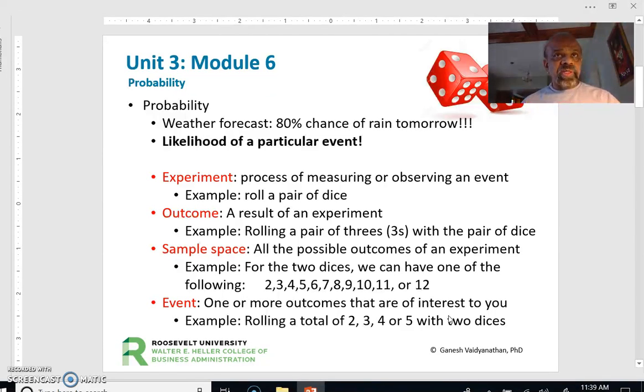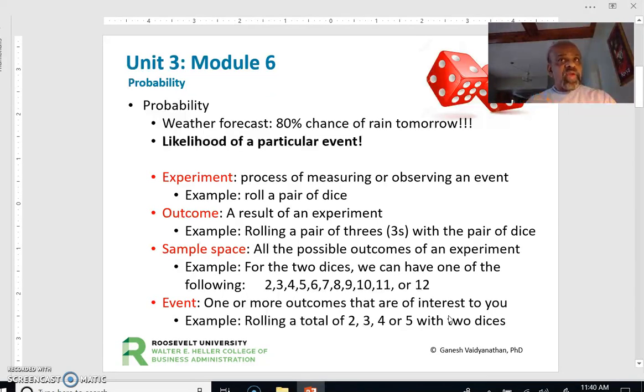One of the important things that you need to look at is the sample space. The sample space is all the possible outcomes of an experiment. So if you're throwing 2 dice, the sample space will include 1 plus 1, which is 2, 1 plus 2, which is 3, 1 plus 4, which is 5, and so on and so forth till you get 6 plus 6.